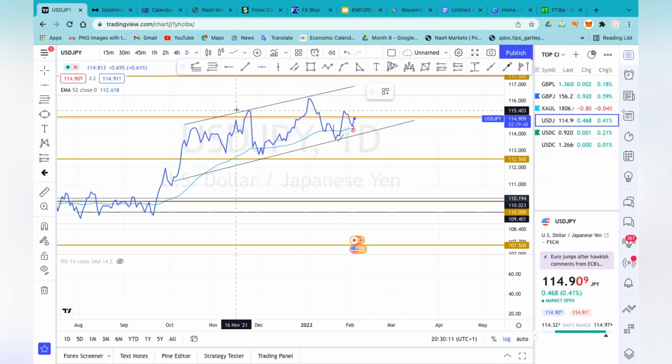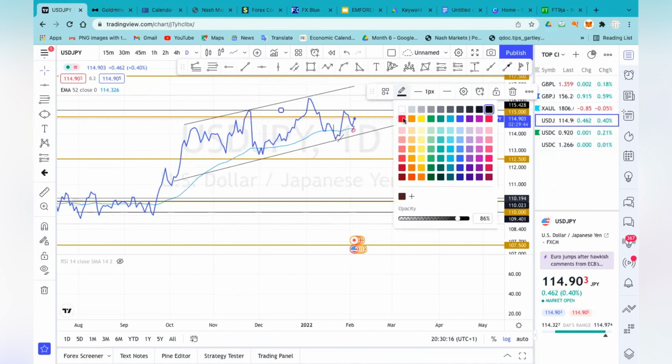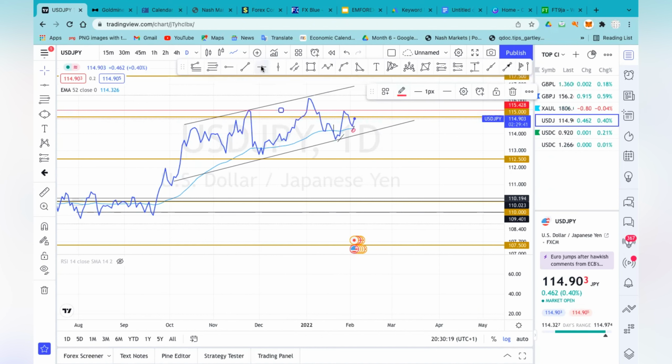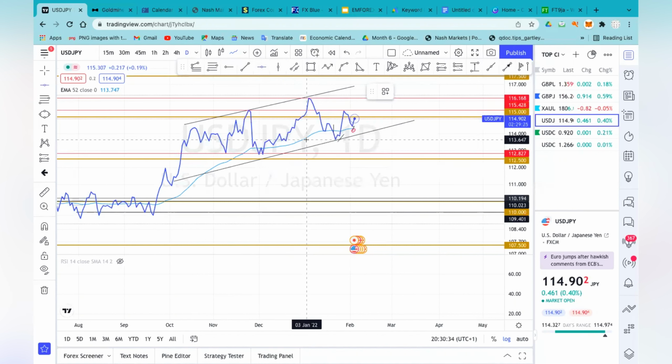Now, what we're actually looking for are major turning points. We could choose to use red here. Major turning points like this. These are major turning points. Let's see somewhere around here, this turning point here.